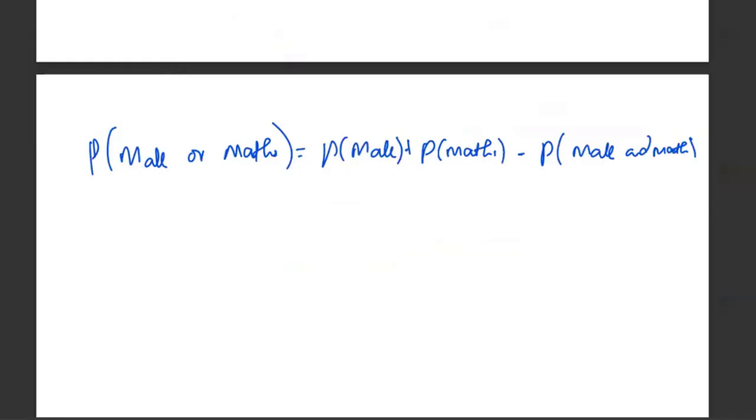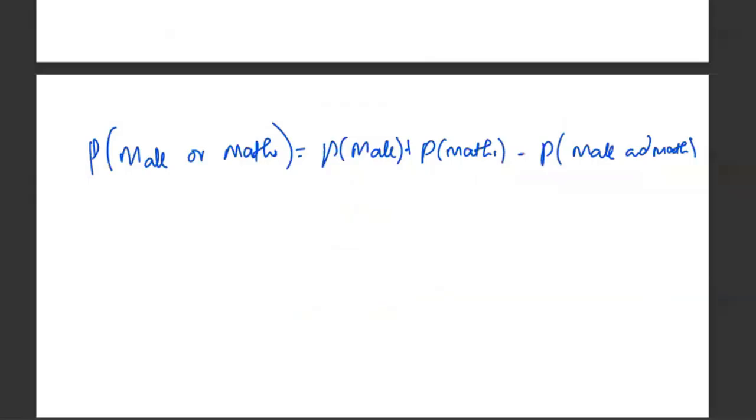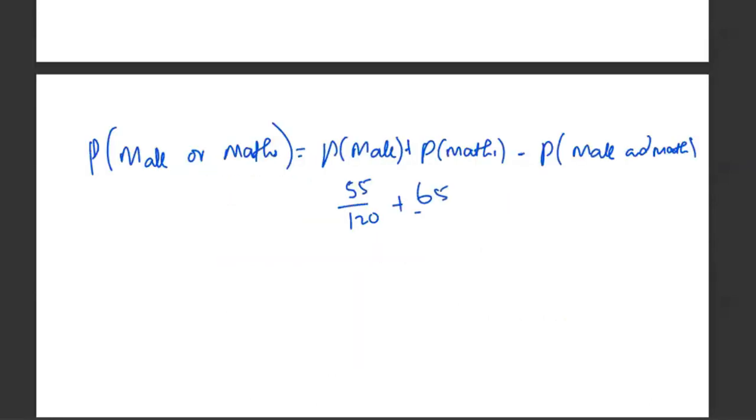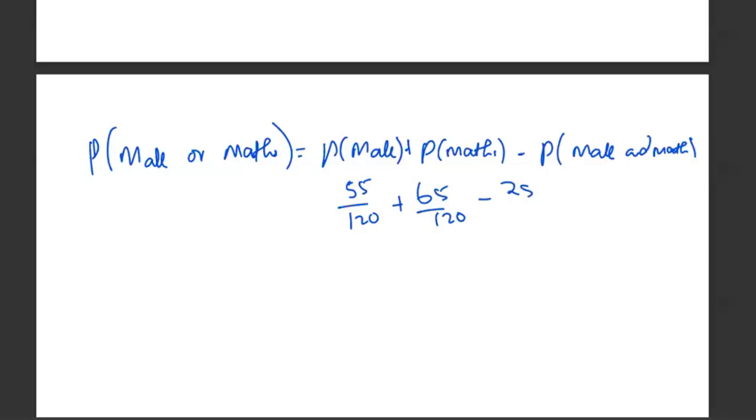Okay, so how many males do we have? We have 55 males. So that's going to be 55 over 120. How many chose maths? It's 65. So that's 65 over 120 minus how many males chose maths, which is 25. Okay, so 25 over 120.